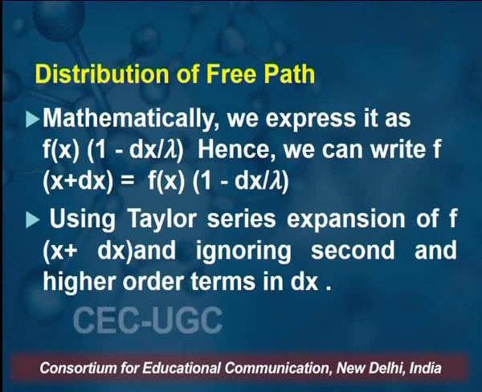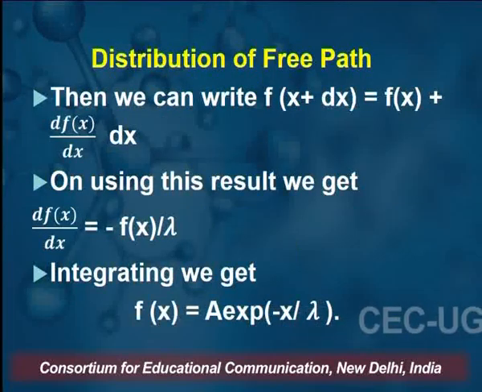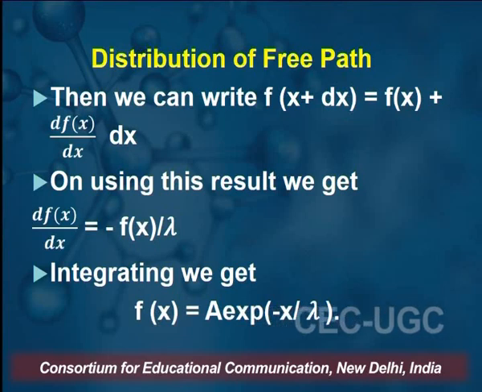Using the Taylor series expansion and ignoring second and higher order terms, we can get df(x) by dx is equal to minus f(x) by lambda. Integrating, we get f(x) is equal to A exponential minus x by lambda.